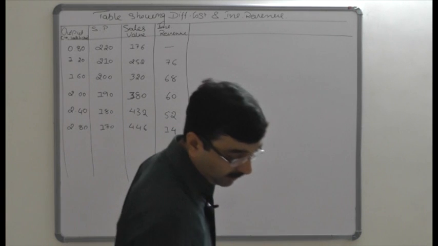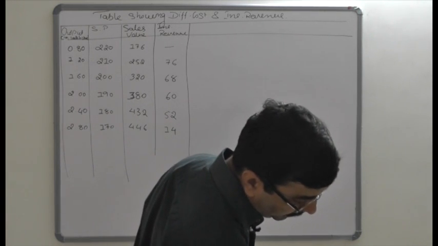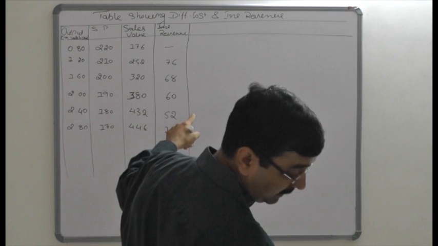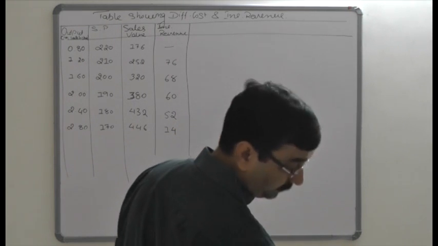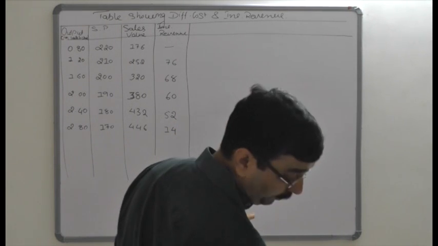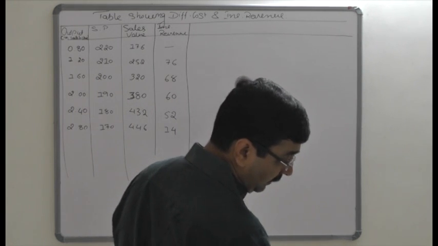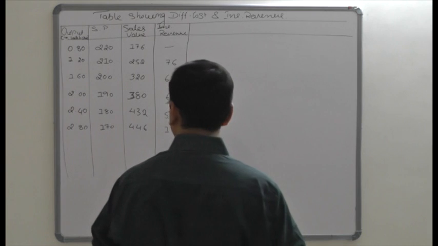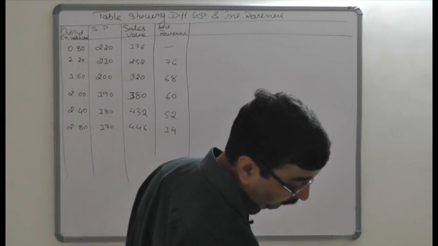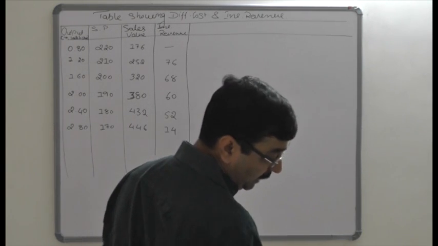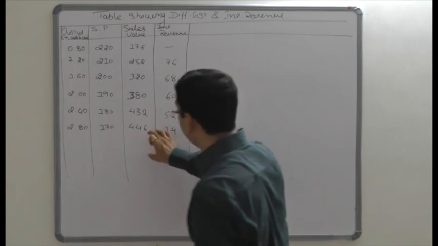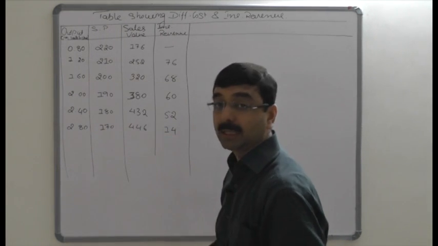Just wanted to confirm whether it is right or wrong. Here 76, then 68, then 60, then 52, and 14. All right. So here we have identified the amount of incremental revenue in the different cases.